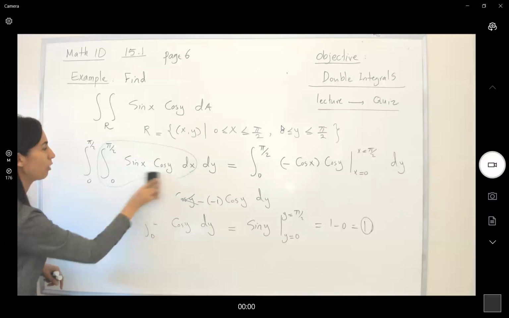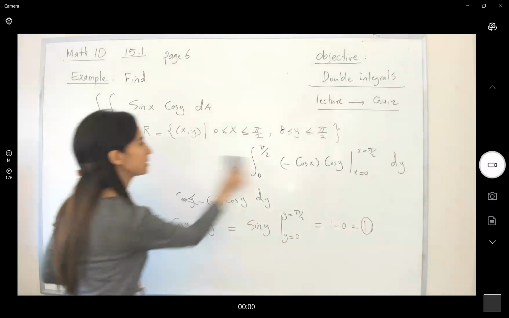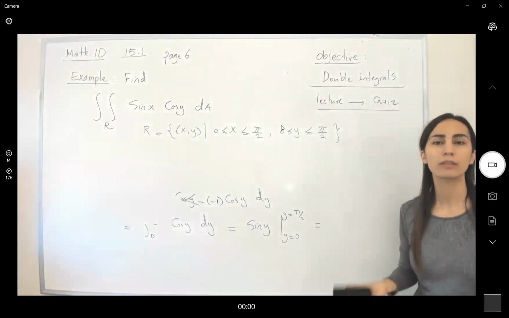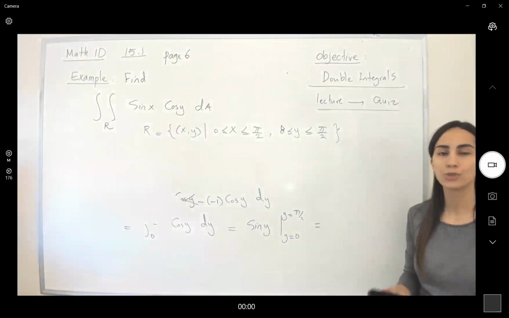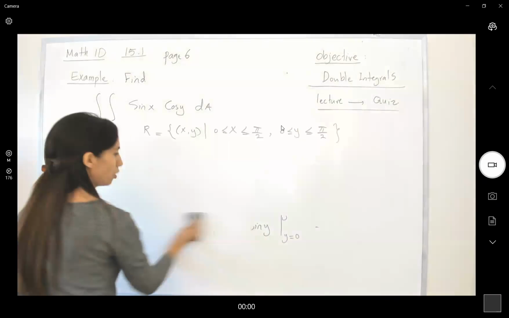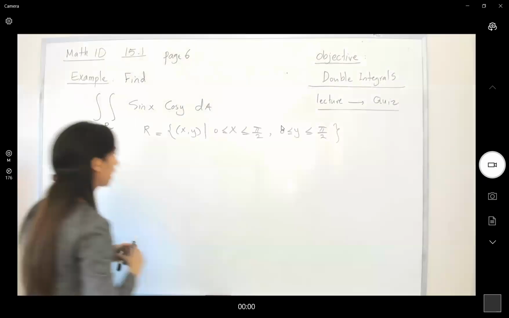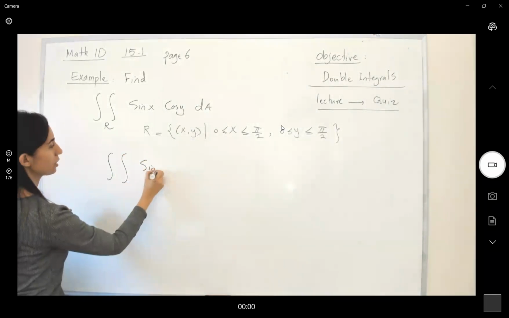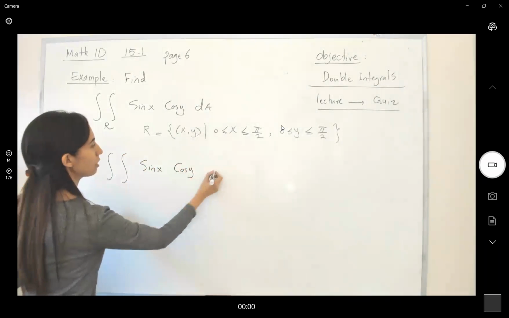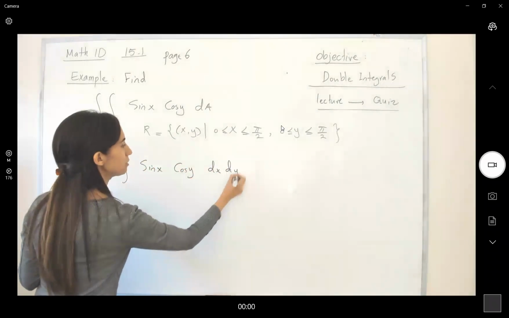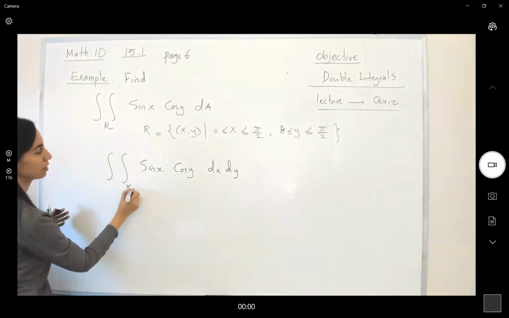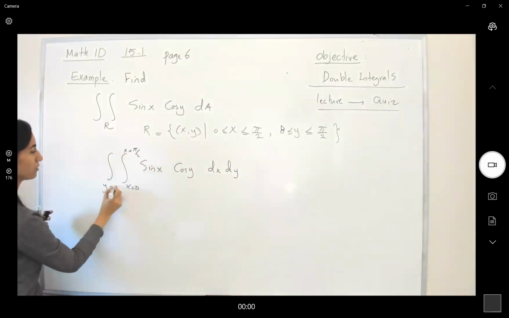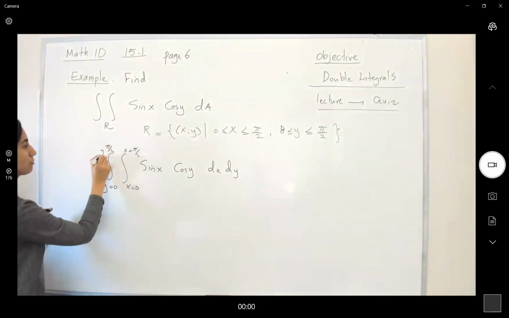Now, what if I take this integral and write it as multiplication of two integrals. What do I mean by that? Here I have the integral of sine x cosine y dx dy. My x ranges between 0 to pi over 2. My y ranges between 0 to pi over 2.